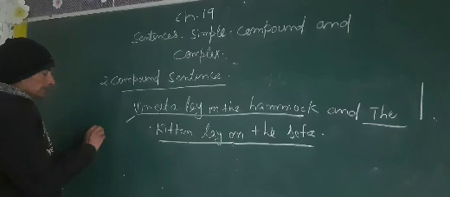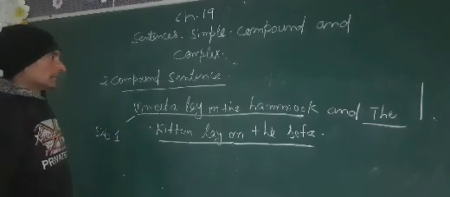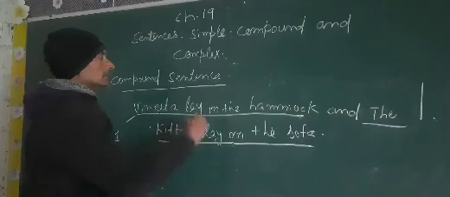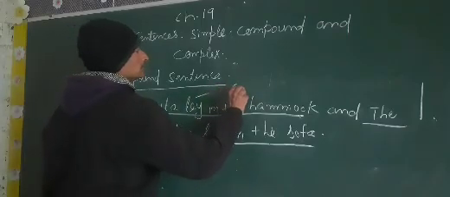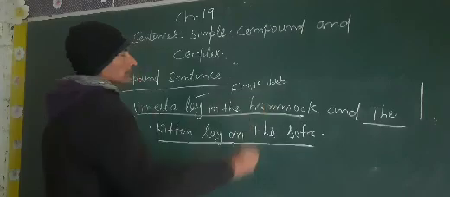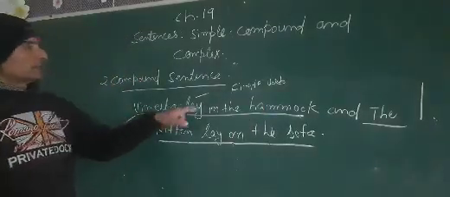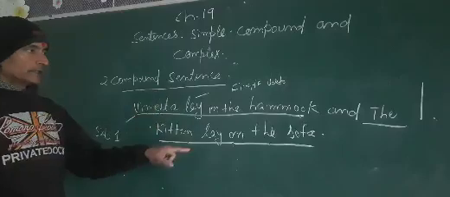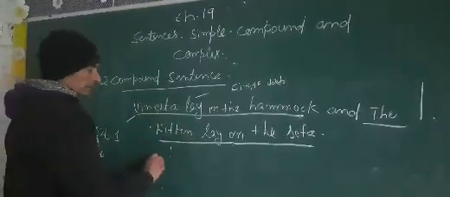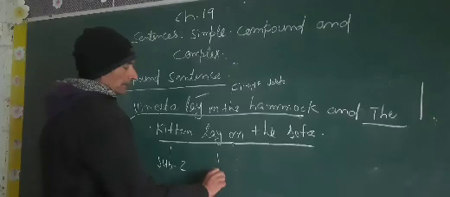Subject number one, Vinita, and finite verb. So it means one clause is having one subject and one finite verb, and the other clause is having subject number 2 and finite verb.